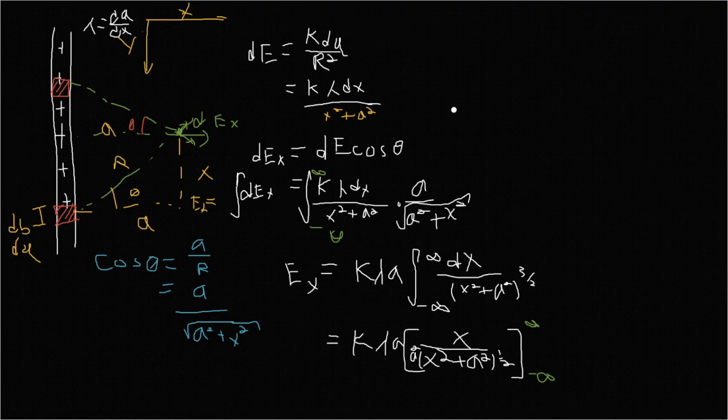First of all, this a cancels with that a, and we can pull out the 1 over a. So we're going to do k lambda over a. And then x at infinity over, at infinity a is going to be theoretically or essentially 0.